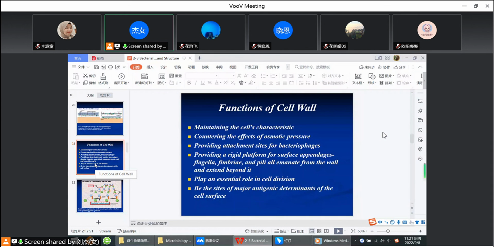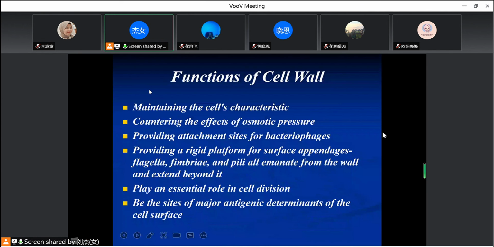Then after we watch the video, let's see the function of the cell wall. This is the conclusion. After that, we will finish the class today. So first, it maintains the cell's characteristic shape, and it can counter the effects of osmotic pressure.